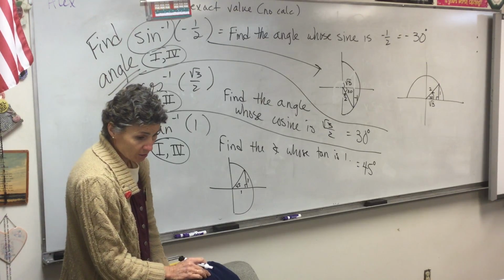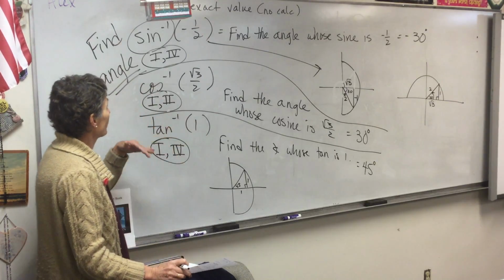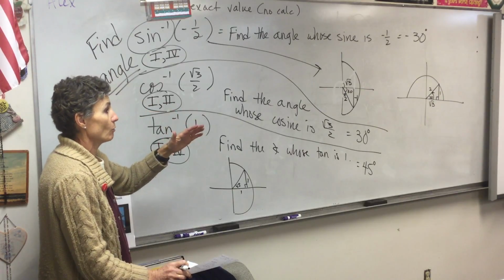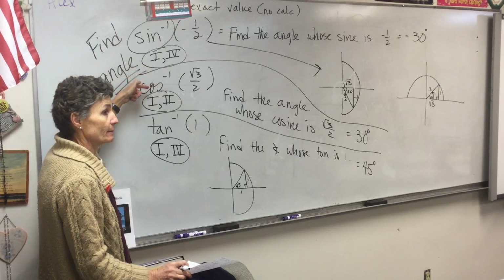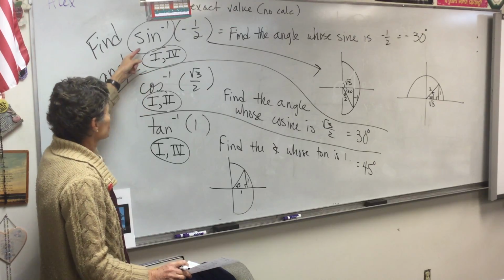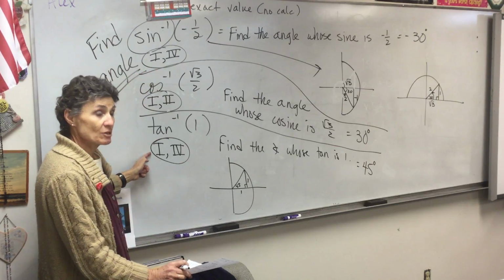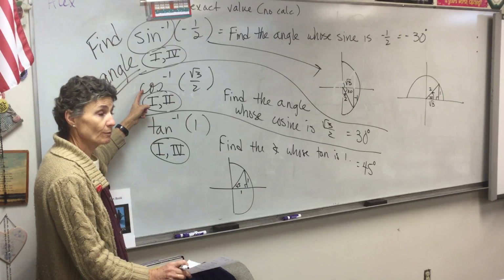So before I erase all this and put some more problems up here, because we need to practice this some more, there are 2 things that you really have to know. One is you have to know where these things are defined. Inverse sine is 1 and 4, and so is tangent. Inverse cosine is 1 and 2.